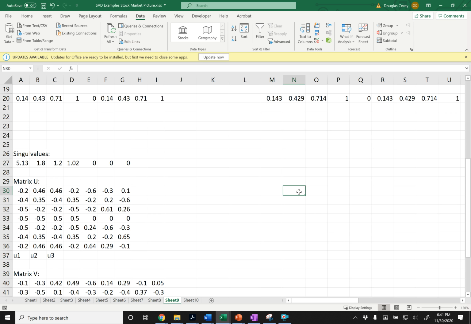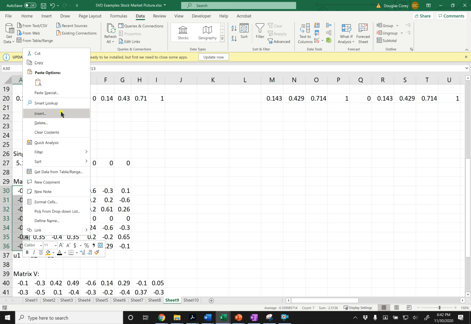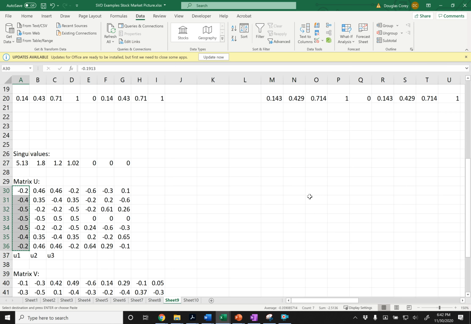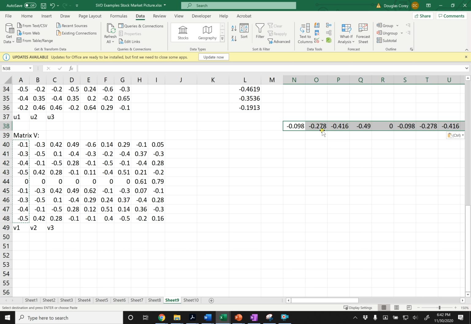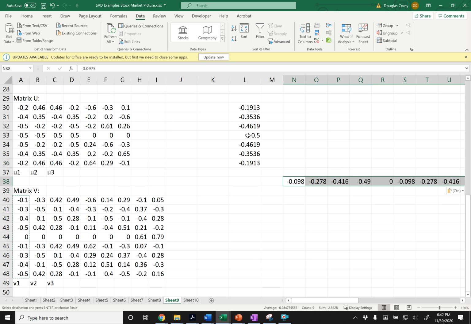Here's that one. I have to transpose this. Okay, so notice these are negative.